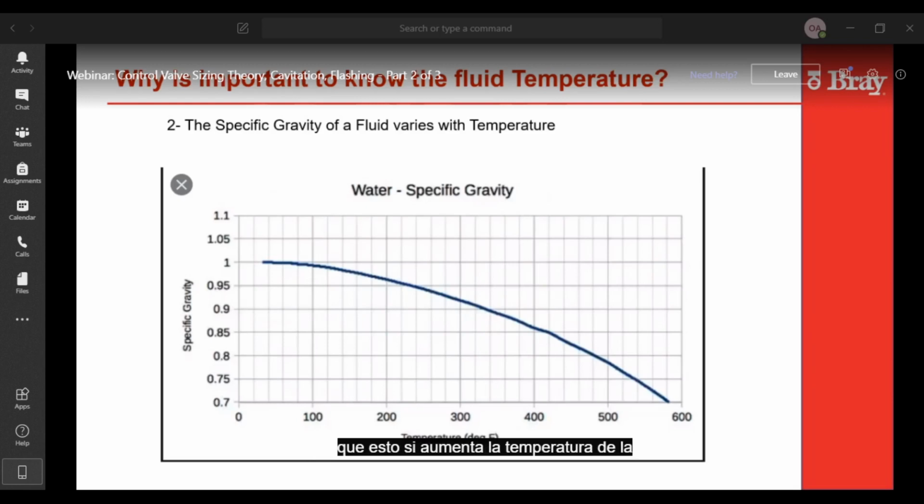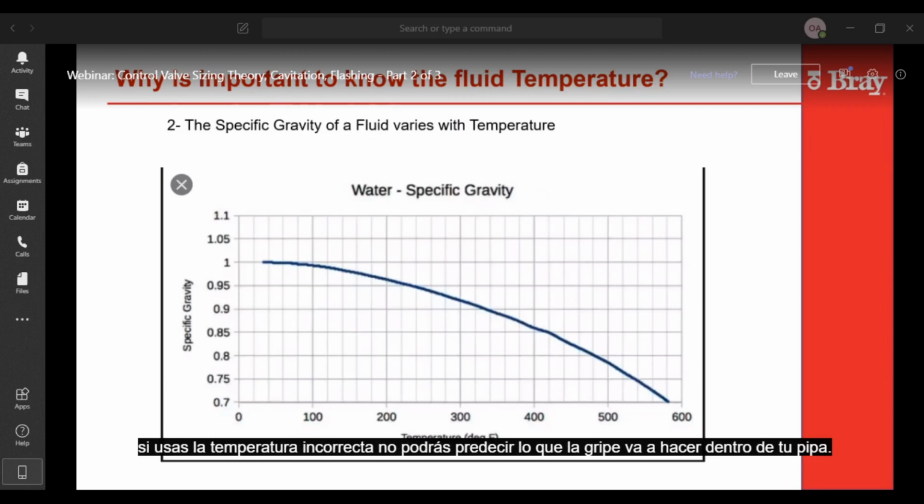If you increase the temperature, the specific gravity will change significantly as well. So the temperature is a critical factor in valve sizing, because you've got to know what the fluid is going to do in your pipe, and if you use the wrong temperature, you won't be able to predict what the fluid's going to do inside your pipe.